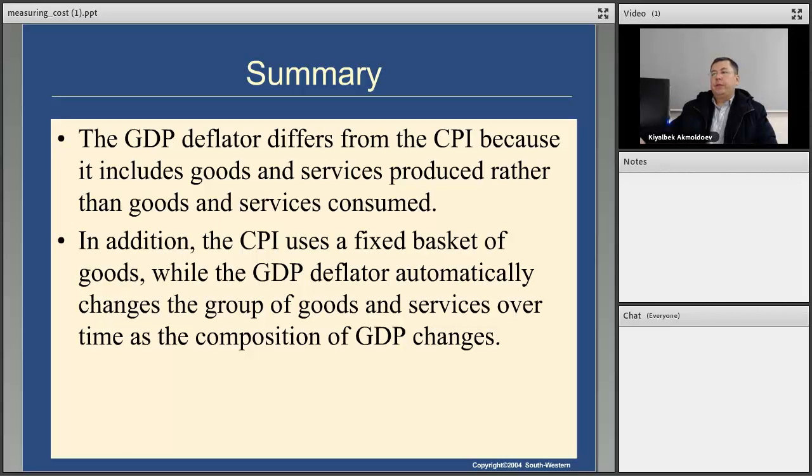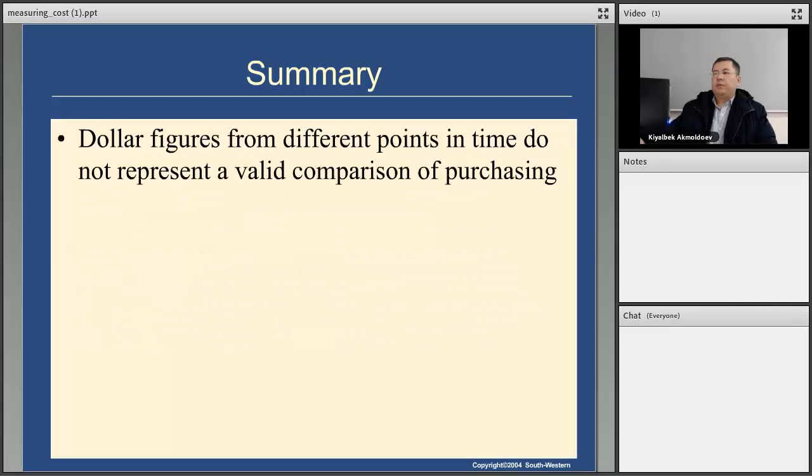The GDP deflator differs from the CPI because it includes goods and services produced rather than goods and services consumed. In addition, the CPI uses a fixed basket of goods, while the GDP deflator automatically changes the group of goods and services over time as the composition of GDP changes.